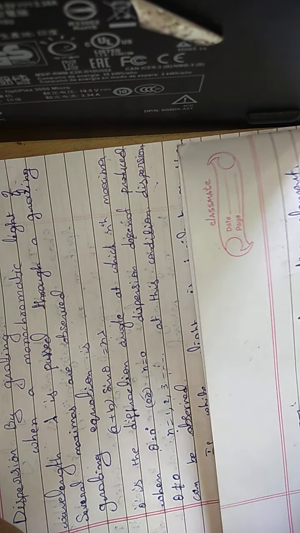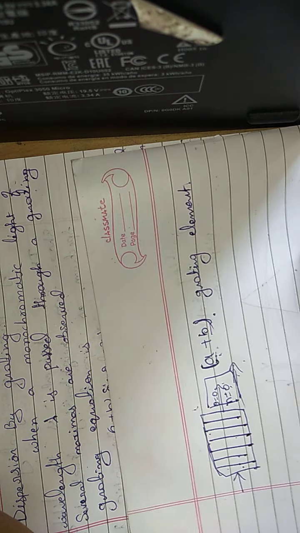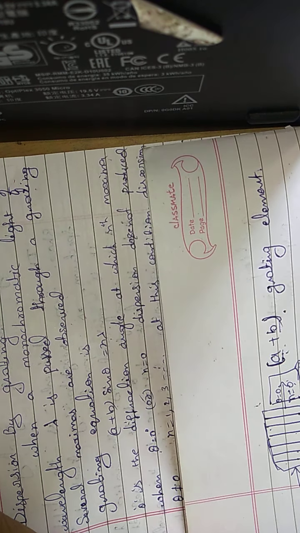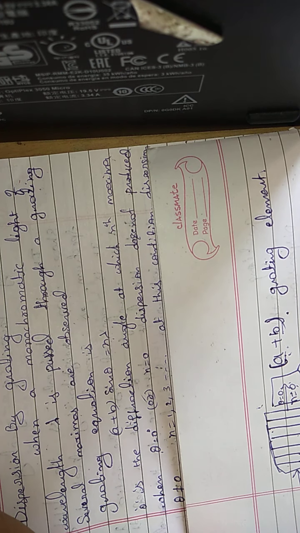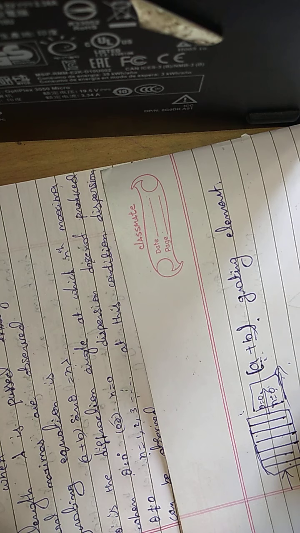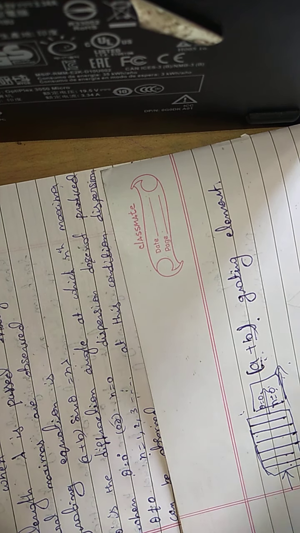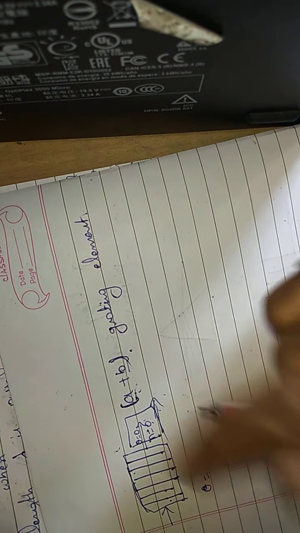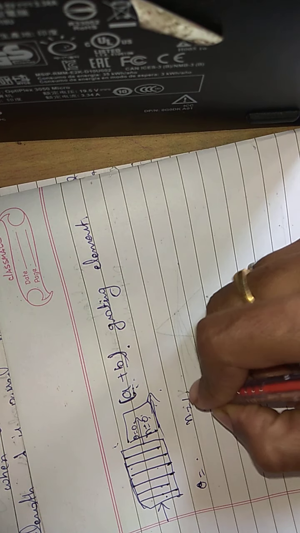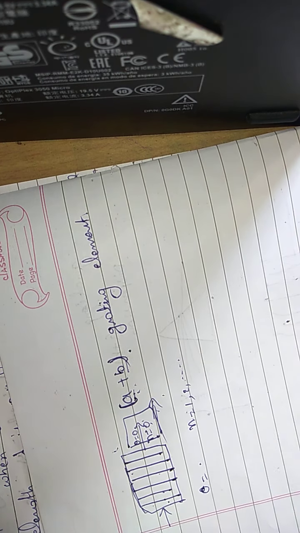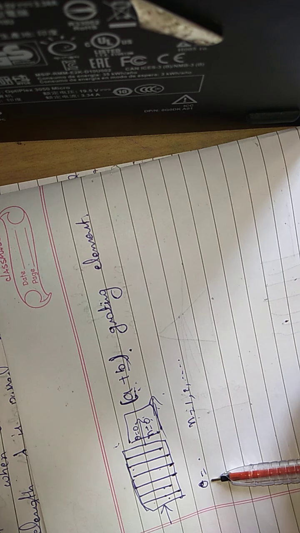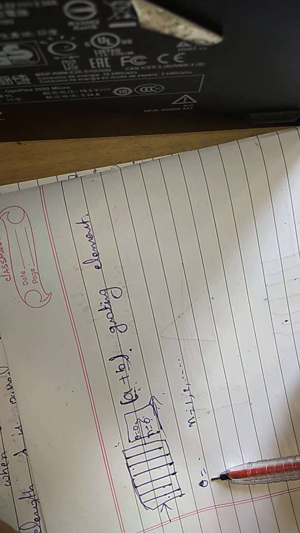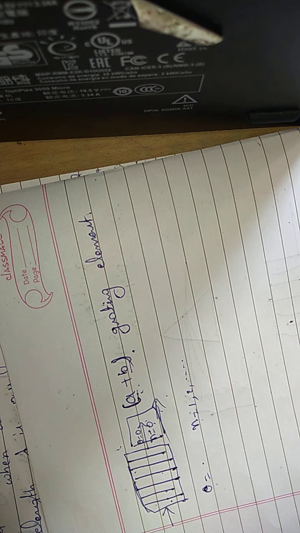At this condition we cannot observe the dispersion phenomenon. Dispersion is observed only for a certain diffraction angle. Theta should be some certain diffraction angle, and the order of spectrum should be 1, 2, 3, etc., and the diffraction angle should be a certain minimum value. Then only we can observe the dispersion.